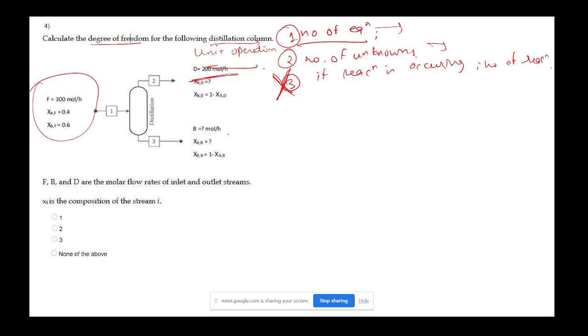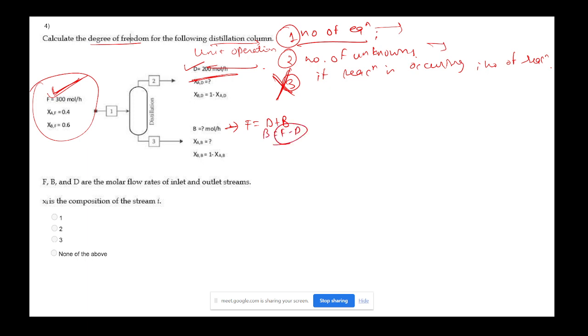So since you have the data for flow rate, like the feed and the distillate, you will be able to automatically calculate the bottom. Okay, so this is how you calculate F equals D plus B. So B equals F minus D.